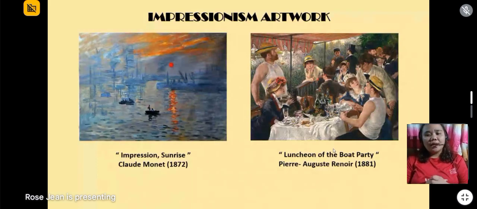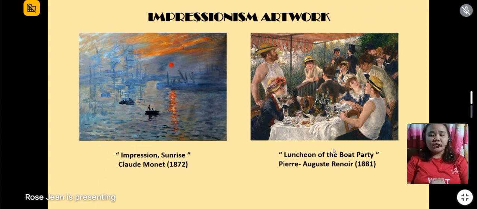Monet used loose brushstrokes and a varied color palette to capture the ephemeral effects of light and atmosphere at sunrise. He used quick gestural strokes to suggest the reflections on the water and the misty quality of the scene.